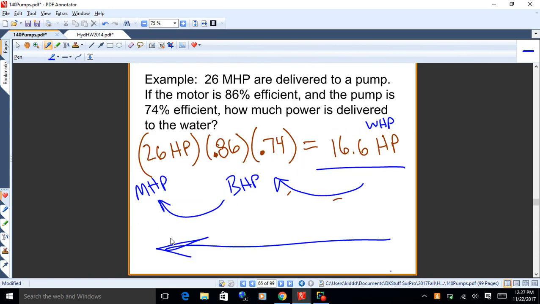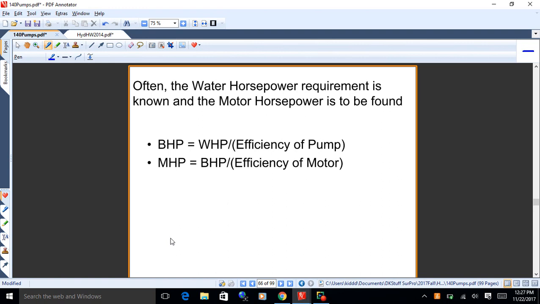Okay? So if you've got the water horsepower, you can divide it by the efficiency of the pump, and that'll get you the brake horsepower. And then when you got the brake horsepower, you can divide it by the efficiency of the motor and get back to the motor horsepower. And then you can convert that to kilowatts and figure out what it will cost you to run your pumping system.